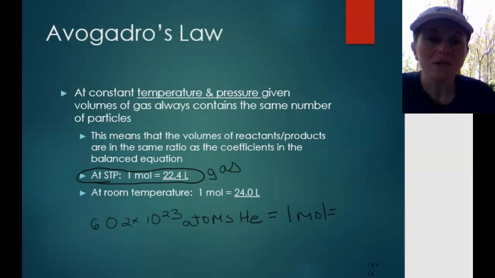That will also equal a volume of 22.4 liters. And it equals a mass. What is the mass of helium? I think it's about 2.1 grams. So we can see there, Avogadro has added volume.